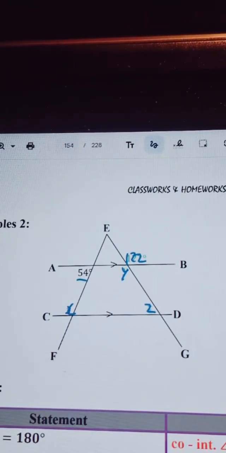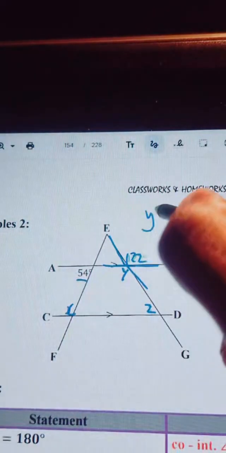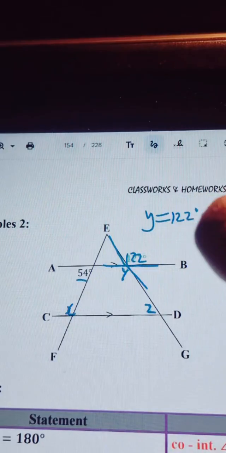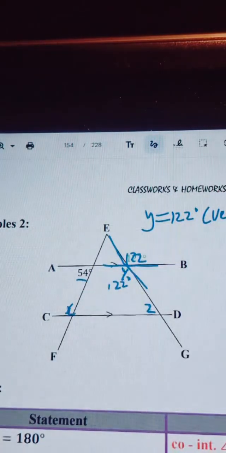Y is equal to 122. That's great. You can say that indeed, because these are vertically opposite angles. So Y is equal to 122 degrees, vertically opposite angles are equal. Update that, we have 122 degrees.